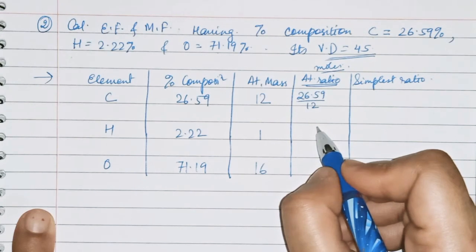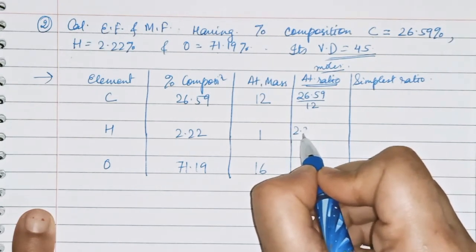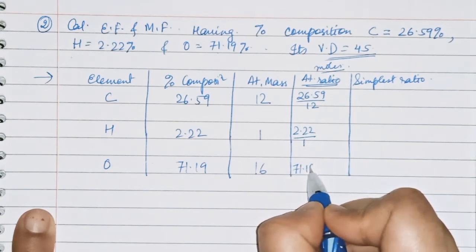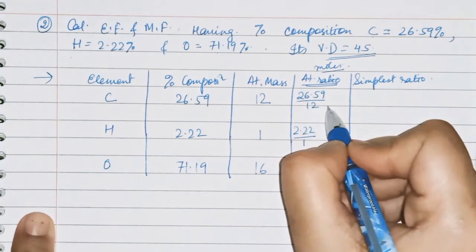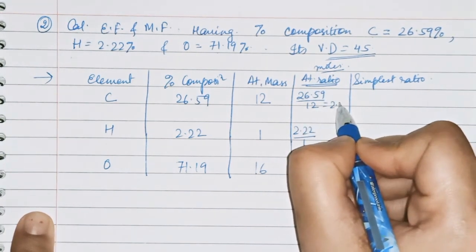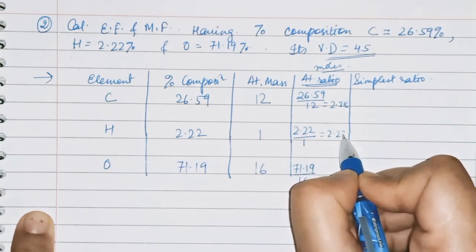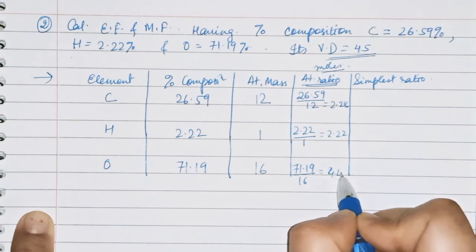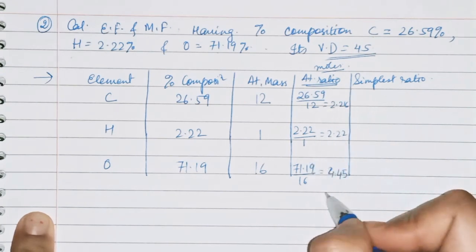And the second one you will write 2.22 upon 1, and here 71.19 upon 16. Here you will get 2.216, here 2.22, and here 4.45. After calculation you will get this.